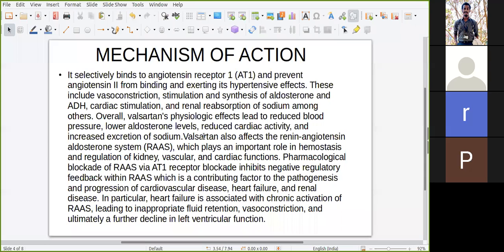You got the idea? Yeah, it's okay. All right, so we can move to the next point. Then we'll move to the pharmacokinetic properties of Valsartan.